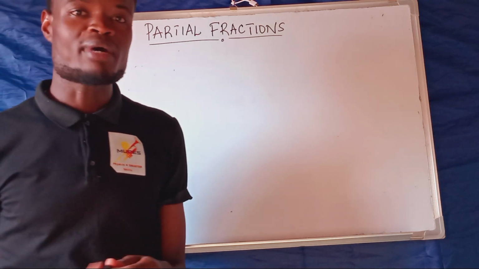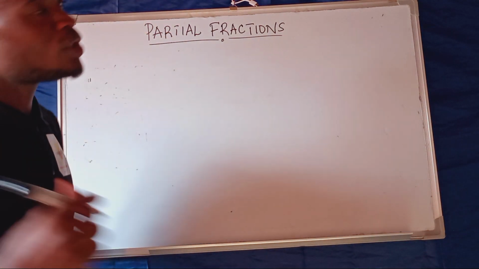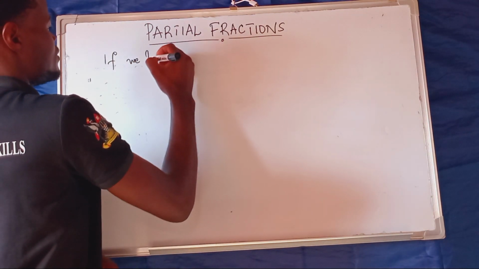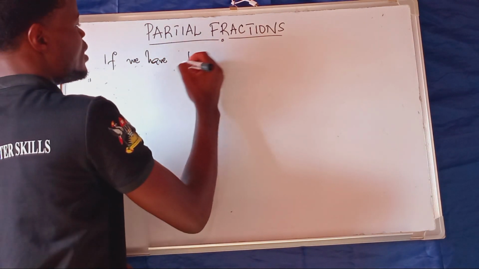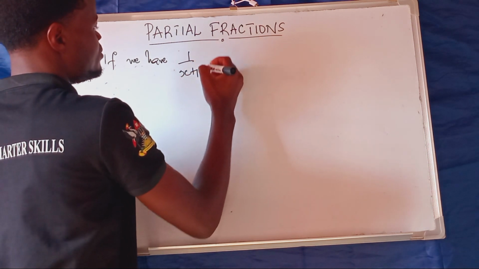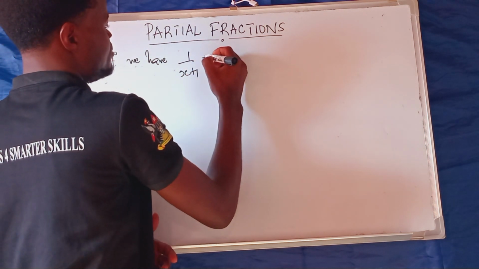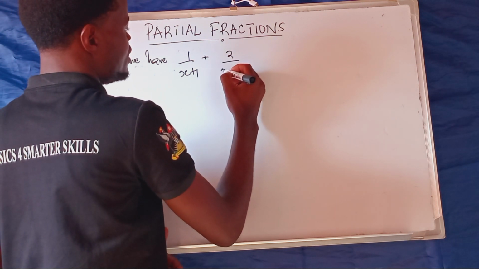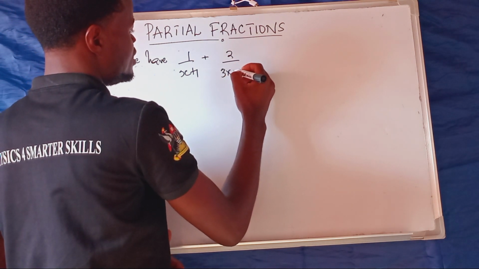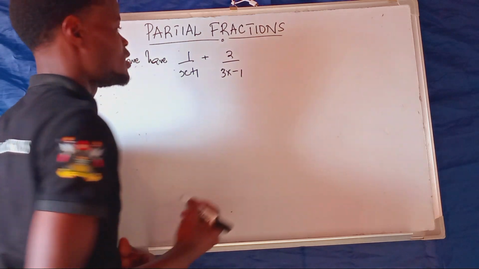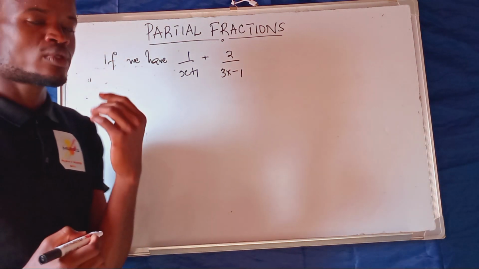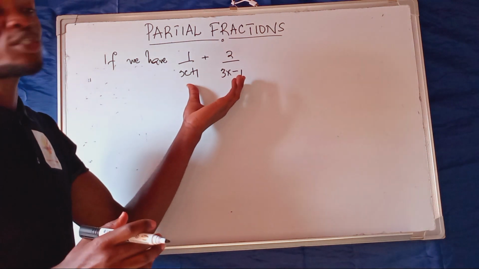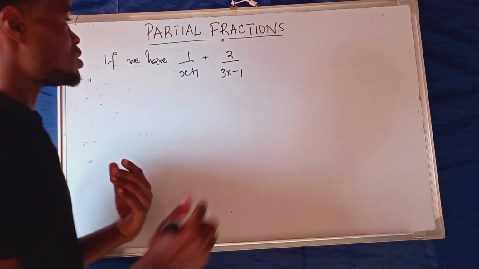I will begin by saying that we know that if we have 1 over x plus 1, plus 2 over 3x minus 1, we can get a combined fraction of these two functions.